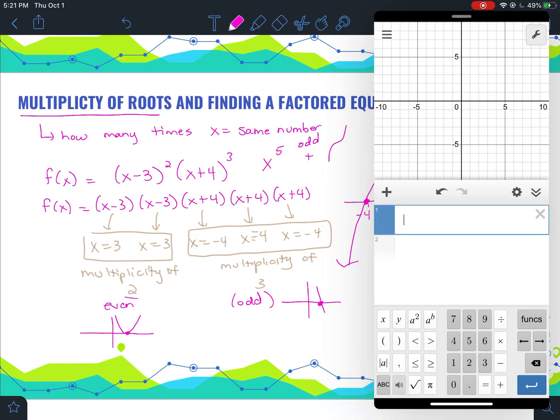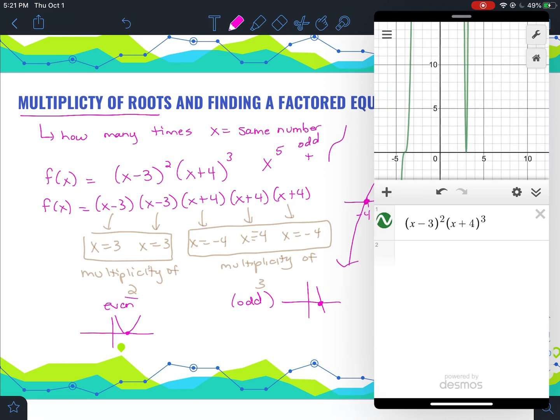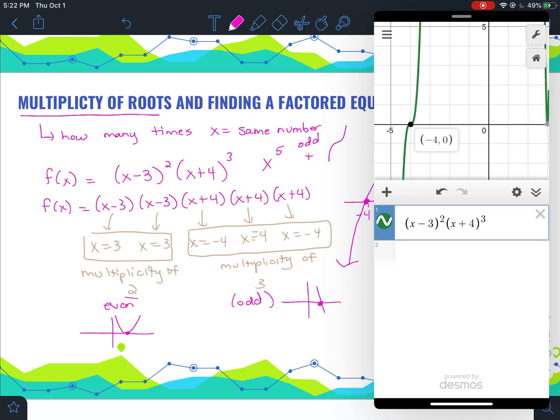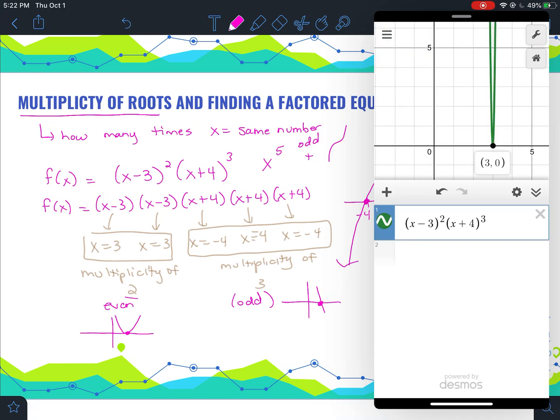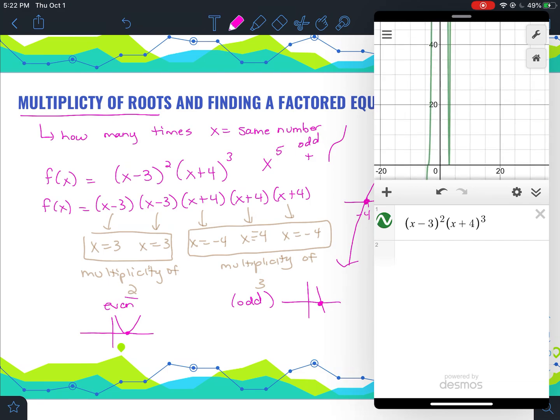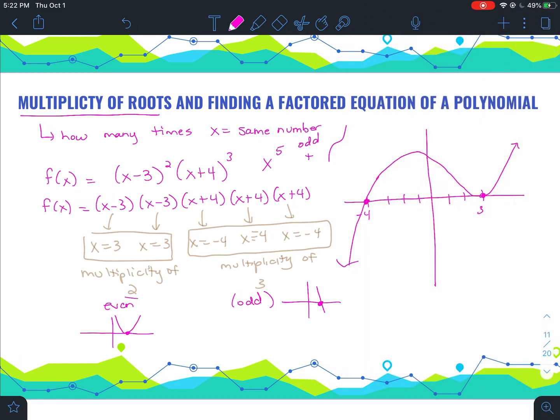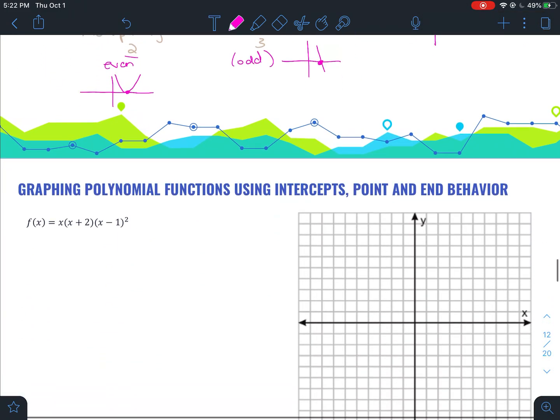But if I were to graph this on Desmos, so x minus 3 squared, and then x plus 4 cubed, notice, I didn't sketch it perfectly, but notice that it crosses through at negative 4 and then it bounces off at 3. And so that's kind of a sketch of what that graph would look like. I didn't do it perfectly, obviously, but it was a general sketch.